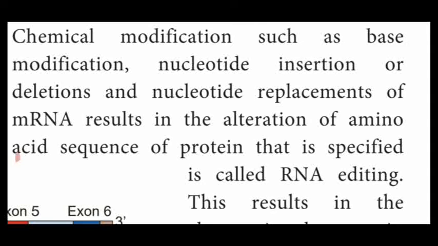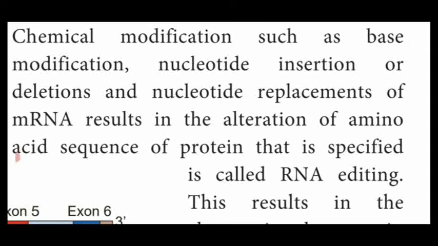That's why I told you the gene activities of cell organelles such as plastid and mitochondria express their formation of RNA, which is known as RNA editing. So in that RNA editing, what takes place? Chemical modification takes place. In which region? Nitrogenous bases.